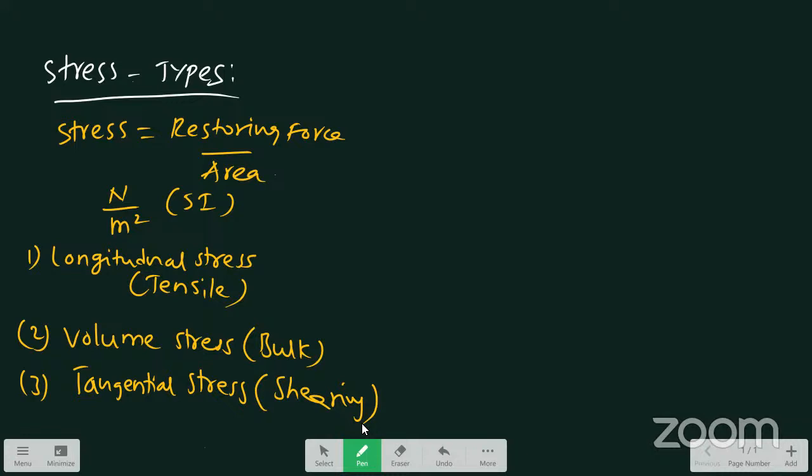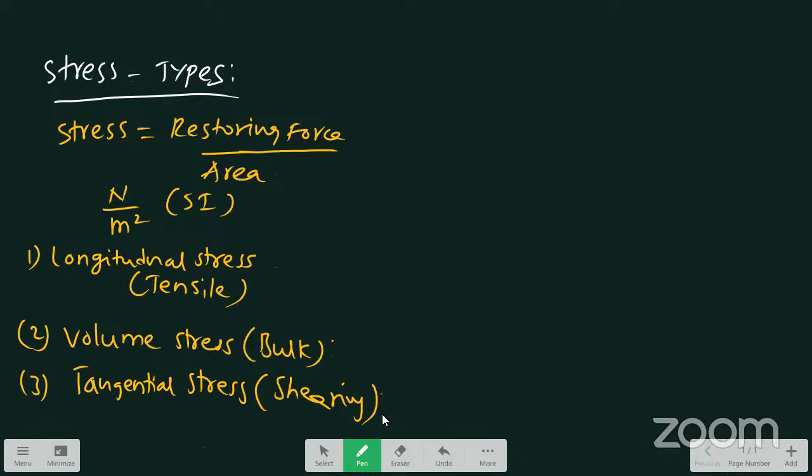What does the question mean? Define stress. Explain types. Stress is the ratio between restoring force with respect to area. Restoring force acting per unit cross-sectional area. Unit: Newton per meter square. Longitudinal stress.